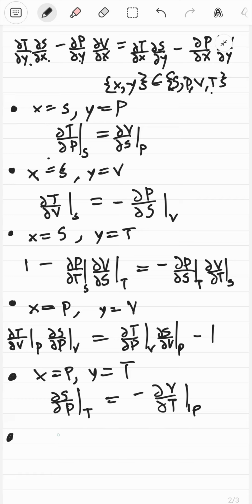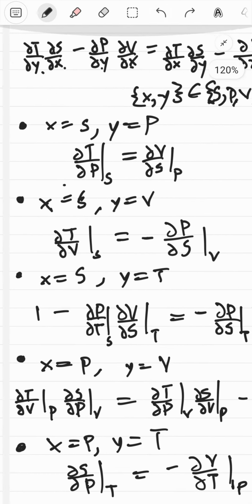So now we go to volume and temperature. So going to volume and temperature, notice what terms are 0 now. So this thing would be just 1, right? And this thing would also just be 1, right? But this thing will be 0 and this thing will be 0. So now you just have this transposed over there.